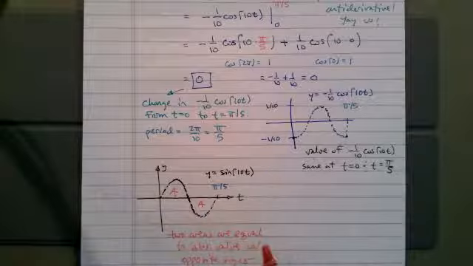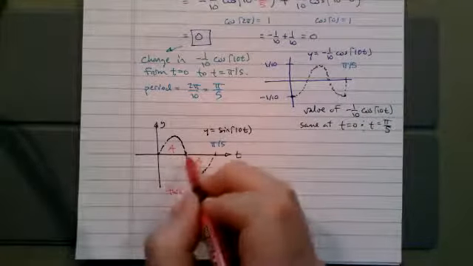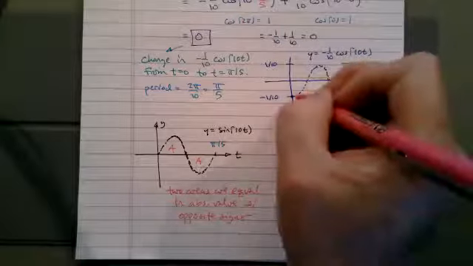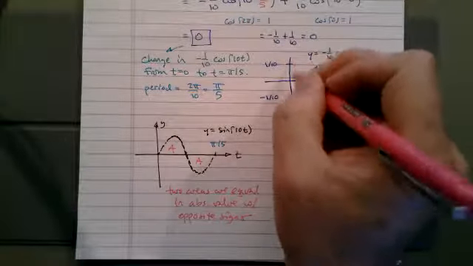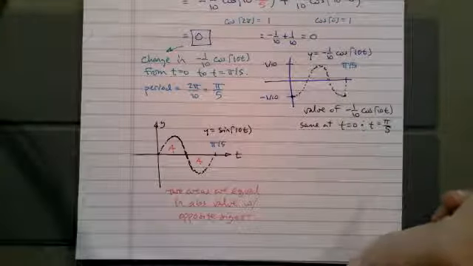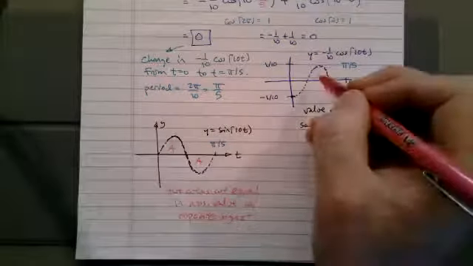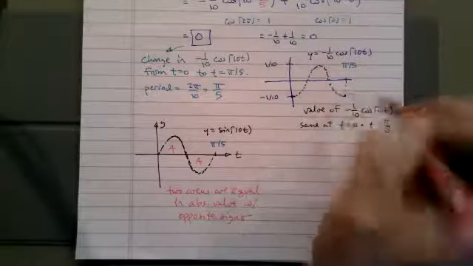So the area under here is the amount of change we see from 0 to pi over 10. So that area must be from negative 1/10 to 1/10. That area must be a total of 1/5. And then the decrease of 2/10 from pi over 10 to pi over 5.